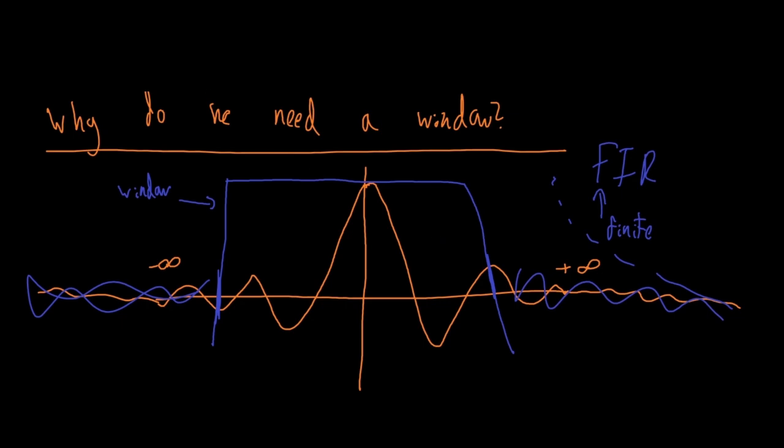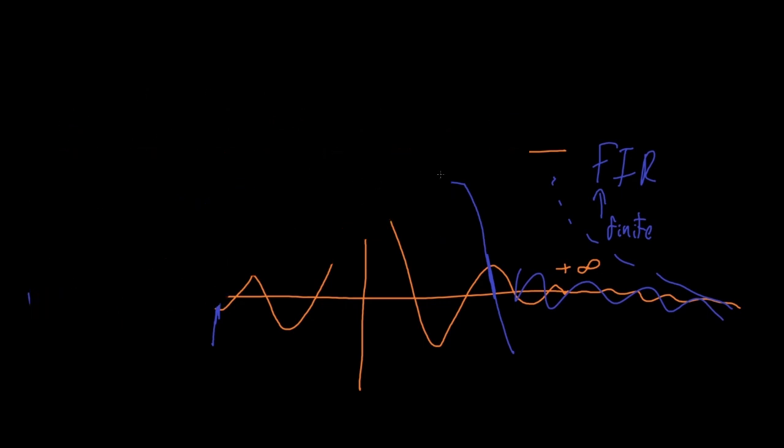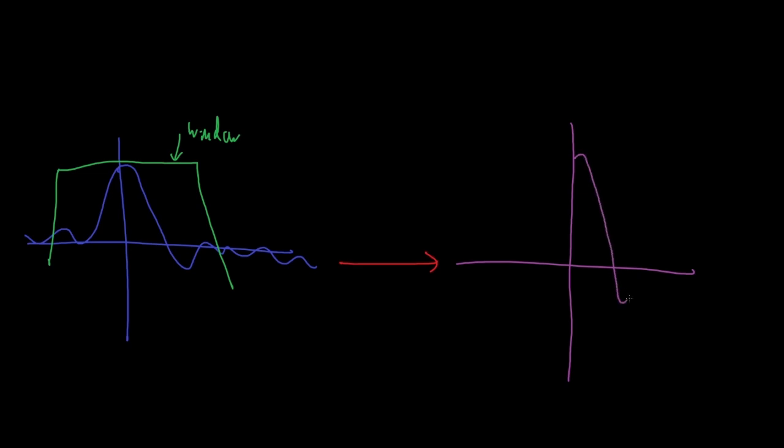So if I rub everything off and show that a bit better. You have your sinc wave that's going on forever. You then apply a window function. And the result, purple is a nice color, is now your finite sinc function or your finite impulse response.